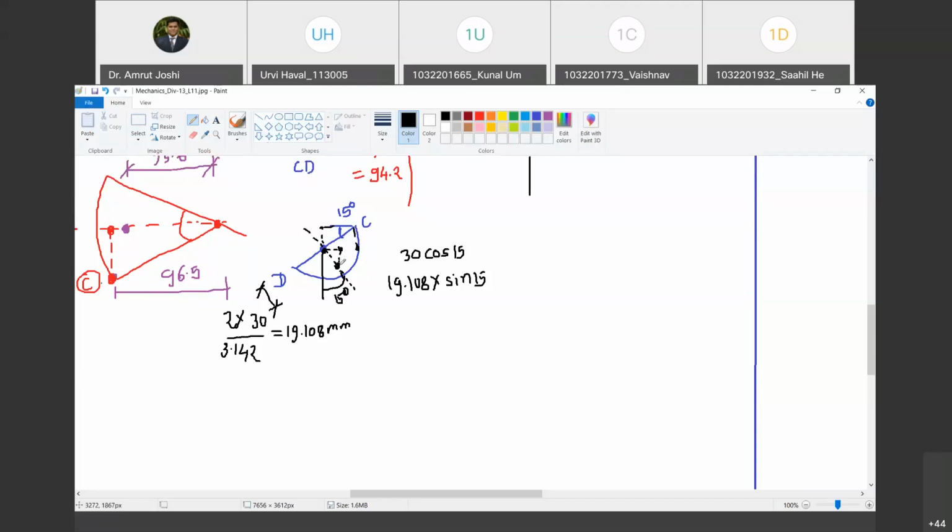So what do we have to do? 30 cos 15 minus 19.108 sin 15. How much is that? 24.03 mm.